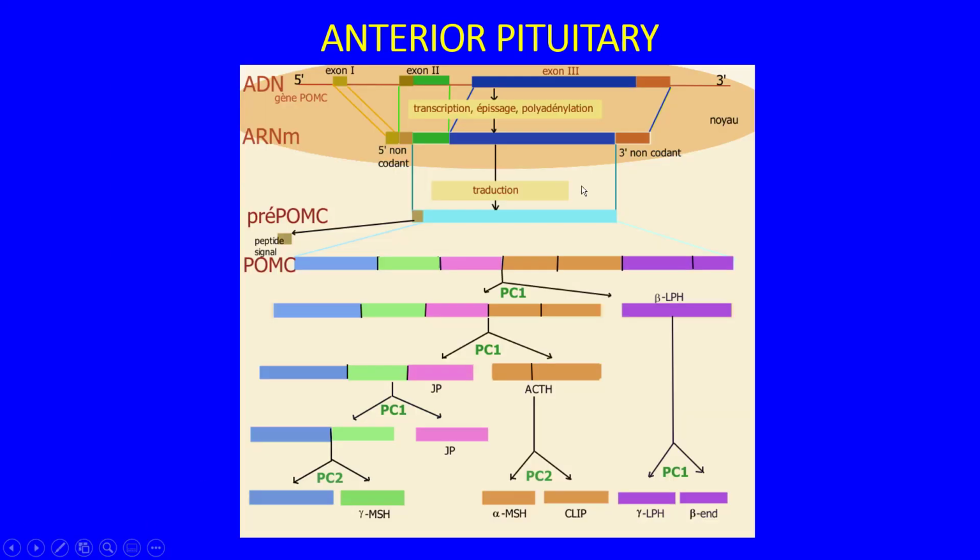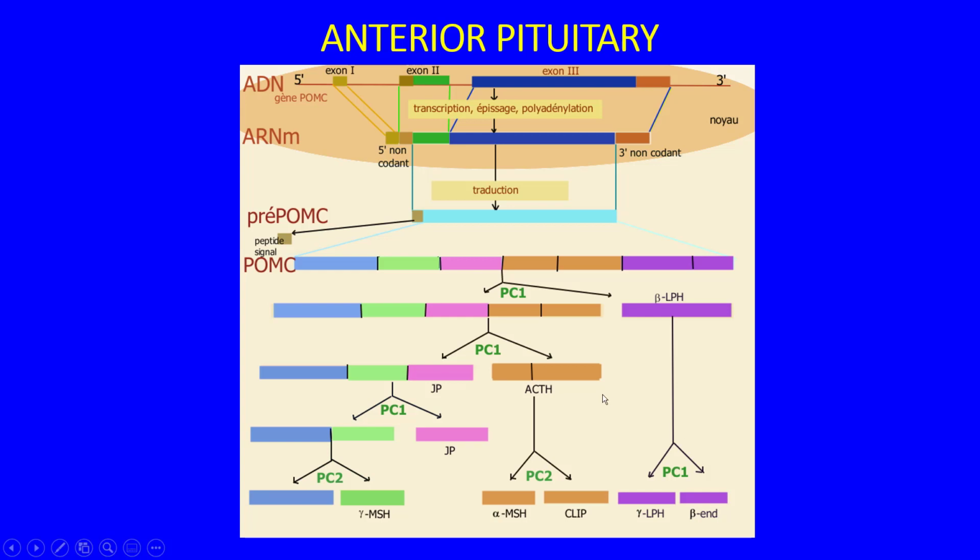So here we have again transcription, polyadenylation, translation. You go through the processing of this. In the beginning, you clip off the beta lipohormone. And what happens is this gets broken down to gamma lipohormone, and you also have lipotropin, excuse me, and you end up with a beta endorphin here.